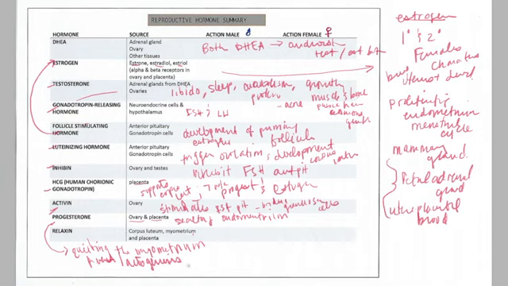So basically you're not ready to secrete milk yet. Relaxin comes from the corpus luteum, myometrium, and placenta, and this basically is going to work on the pelvic joints and get the hips and pelvic area ready to deliver the baby. So basically it facilitates childbirth.